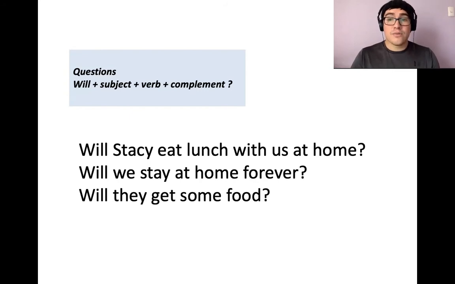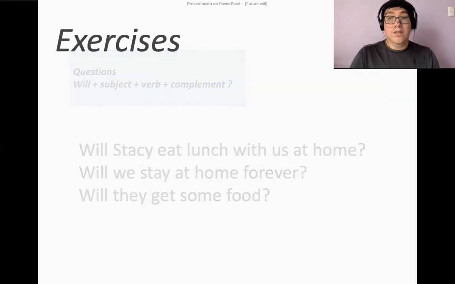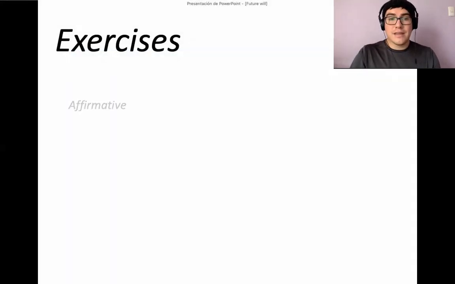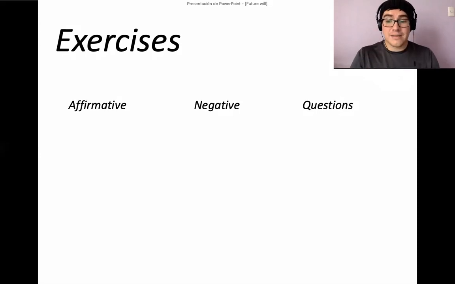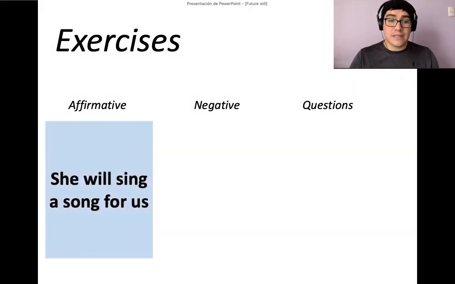Now we're going to practice a little bit. Let's do some exercises. In this case, we have the affirmative, the negative, and the interrogative, and I'm going to show you only one. You have to tell me the rest. Here we have the affirmative. She will sing a song for us. What's the negative? Can you tell me the negative?